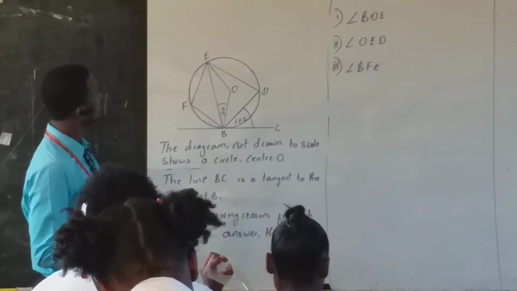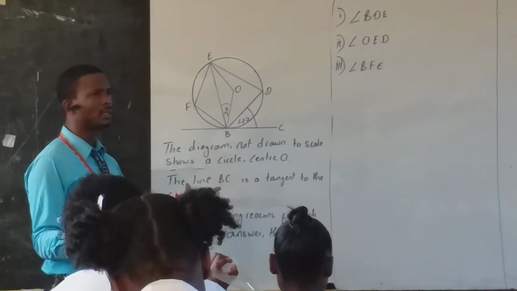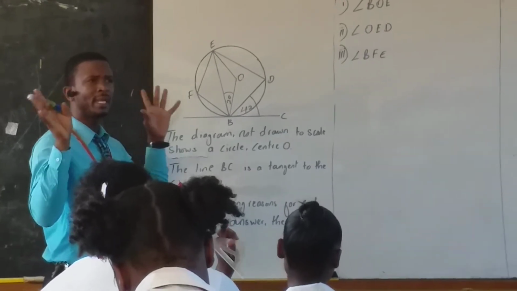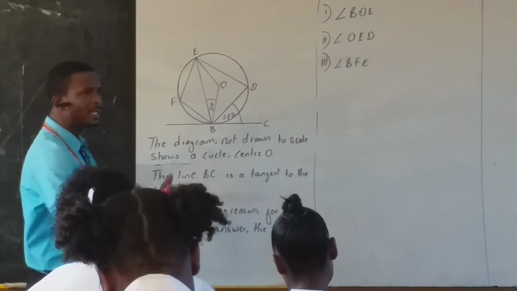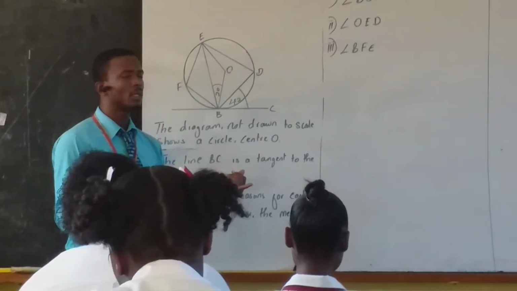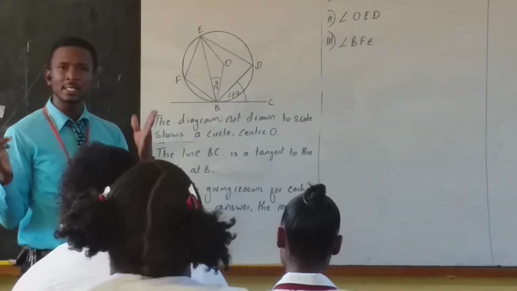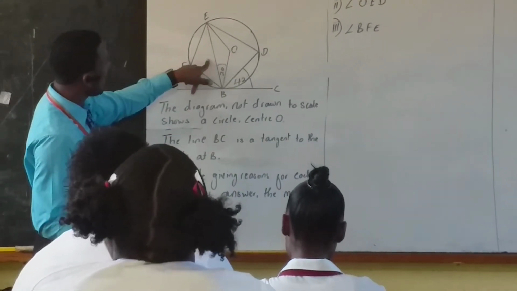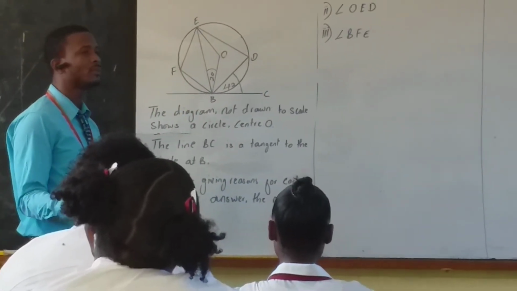What are the types of triangle we know? It means that it is an isosceles triangle. And if it's an isosceles triangle, what do we know about the angles?